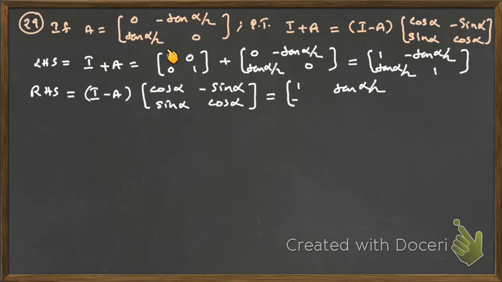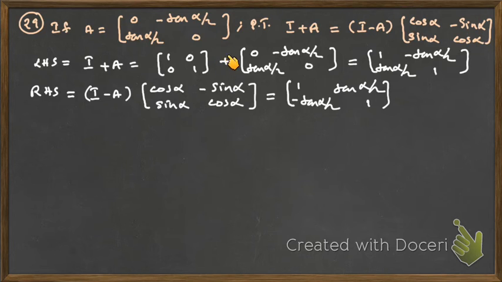This is 1 minus 0, which is 1. 0 minus minus tan alpha by 2 is plus tan alpha by 2. 0 minus tan alpha by 2, so this element is minus tan alpha by 2.